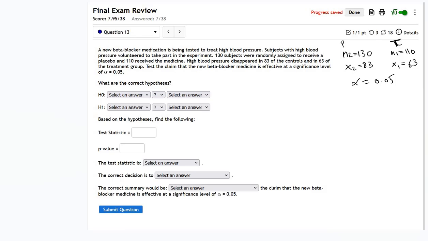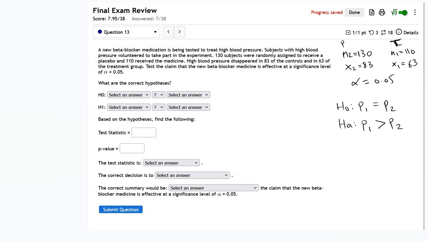So the medication is effective if the proportion of the treatment group is greater than the proportion of the placebo group. So the null hypothesis states that P1, the proportion of the treatment group, is the same as the proportion of the placebo group. And then HA, the alternative hypothesis, states that the proportion of the treatment group is greater than the proportion of the placebo group.